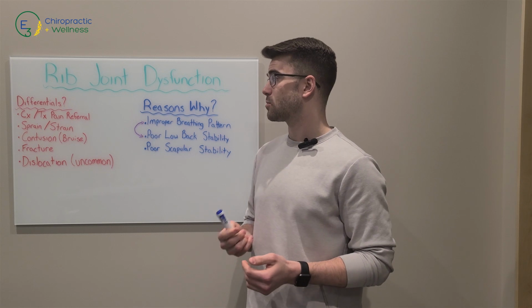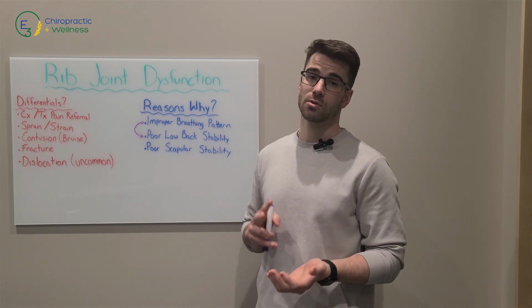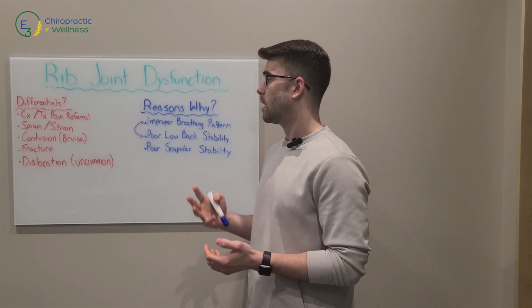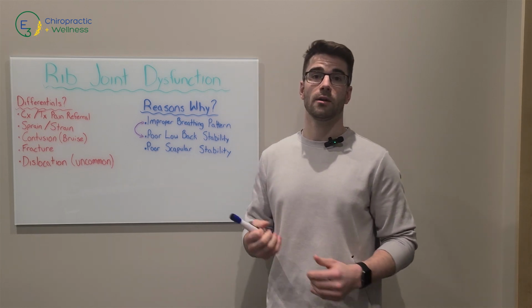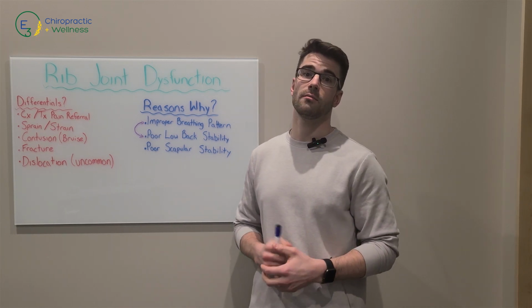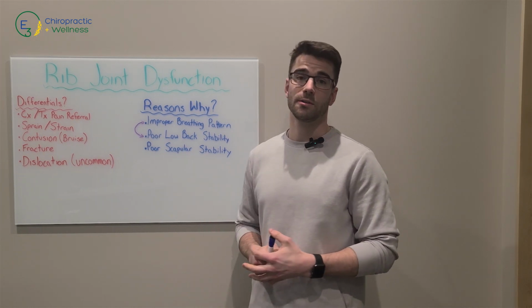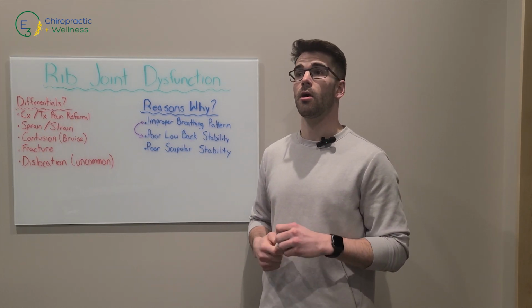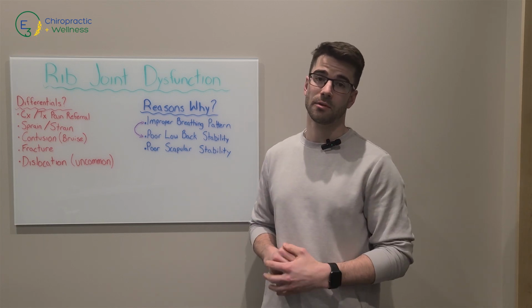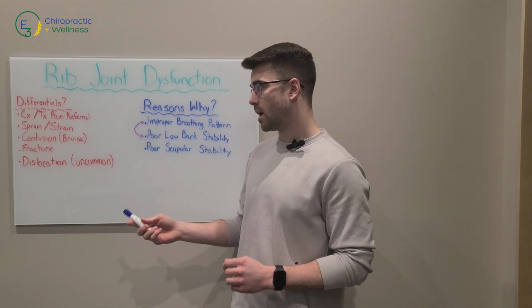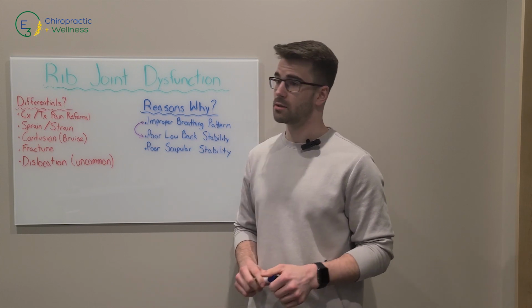There can be sprains to the ligaments or strains to the muscles in the area. There can be a contusion, so if you fell or hit the rib somewhere, there can be a deep bone bruise. There's also the potential for fracture. The ribs are strong, but there are weak points in the bone itself. And, very uncommon, we can see rib dislocation.